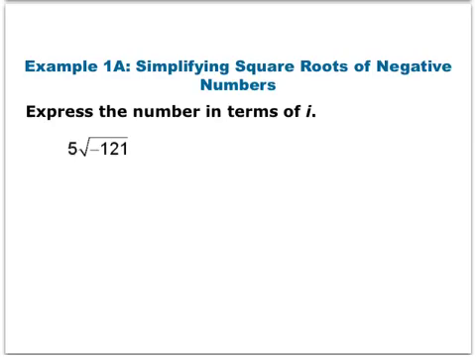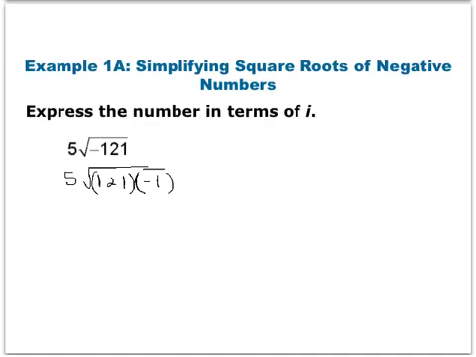Okay, let's try a few. Simplifying square roots of negative numbers. Okay, now what we do is we split this up into its number and negative 1. We sort of factor out the negative 1.